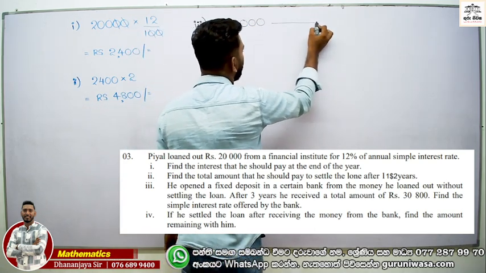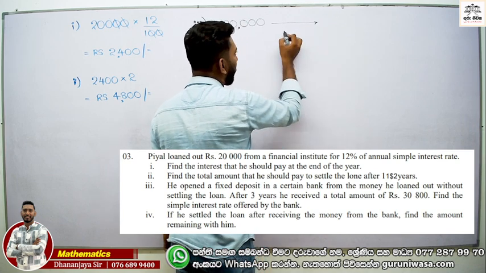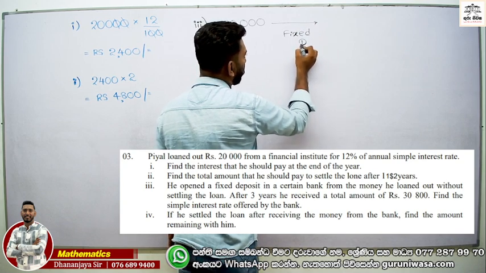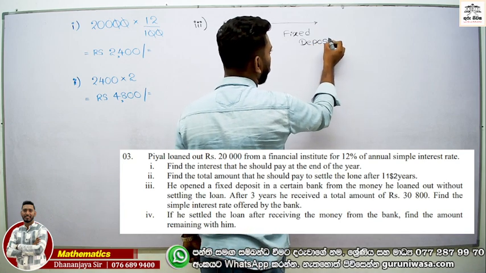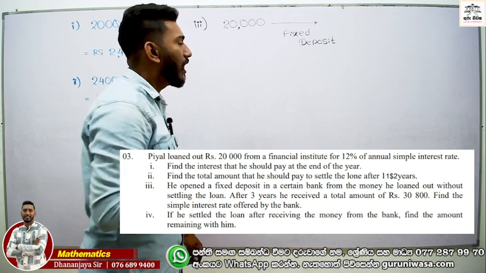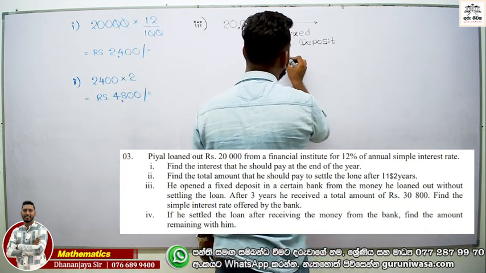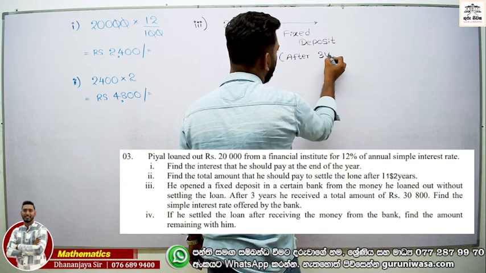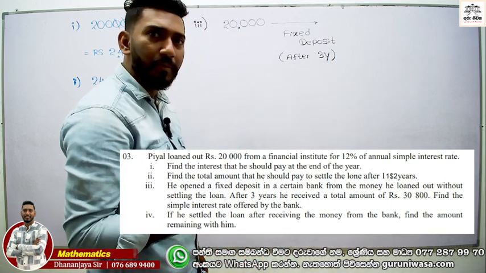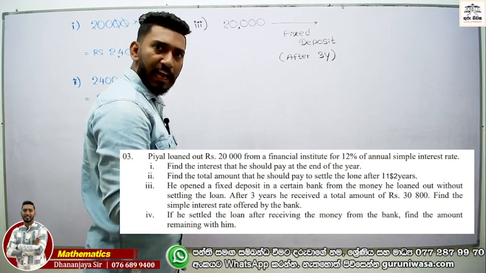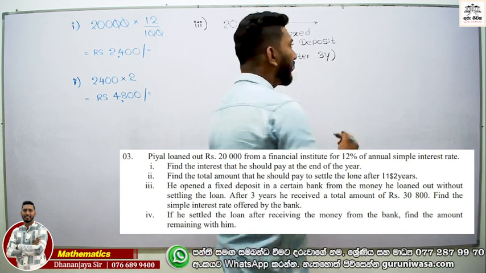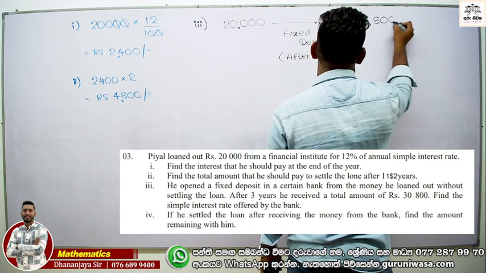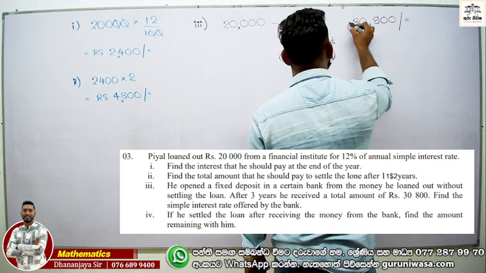And this one, he invests in the bank as a fixed deposit. After 3 years, in his bank account, he deposited 20,000, and now it is 30,800 rupees. Excellent.